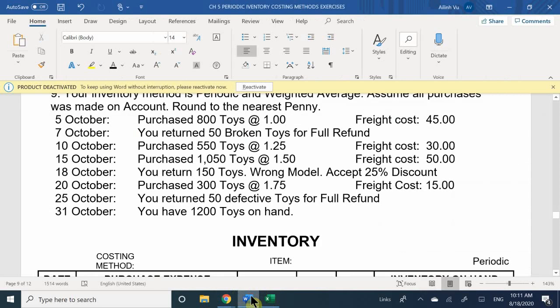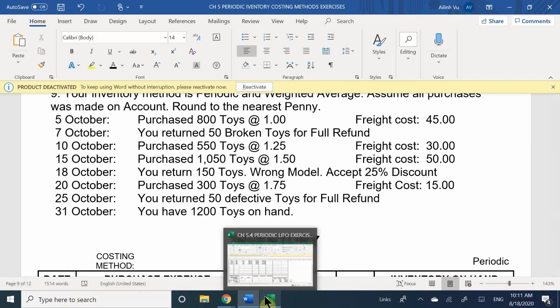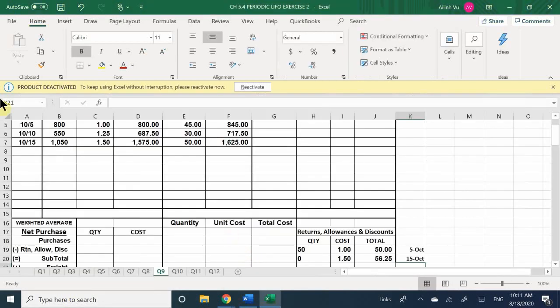So then what else happened next? Another purchase of 300 at how much? Okay, and freight was 15. So this is 300 at $1.75.